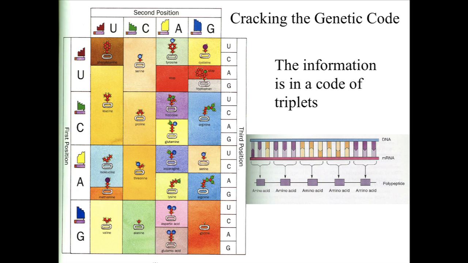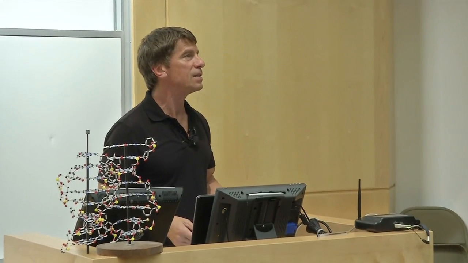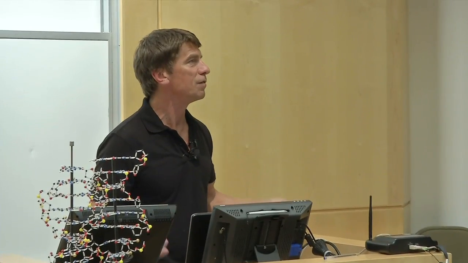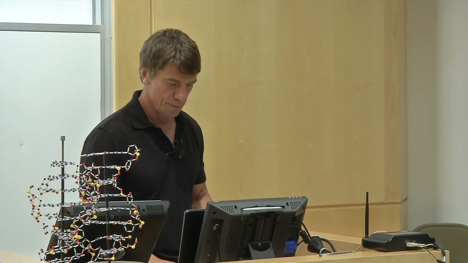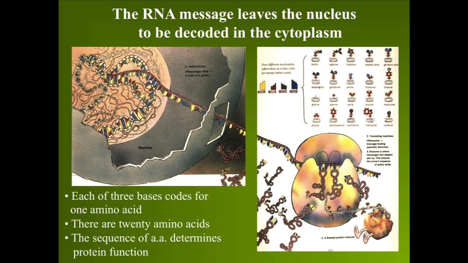So you have a start, a redundant code, and a stop for 20 different amino acids. And that code is the same in plants, animals, and fungi and bacteria. AUG codes for methionine in all those different organisms. And therefore, we can make proteins that way out of genes.